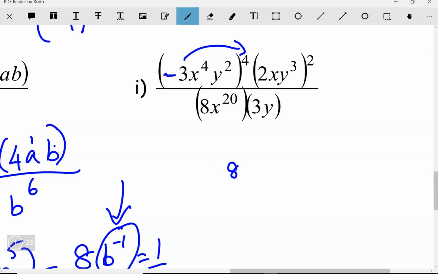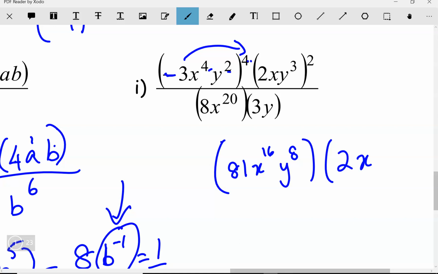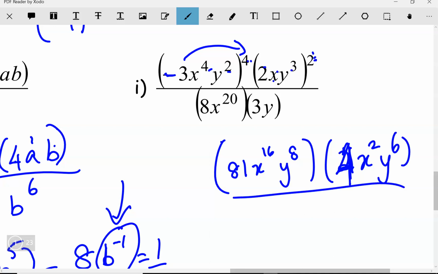So this is actually positive 81. x to the 4 times 4 is 16. 2 times 4 is 8. y to the power of 2, oh whoops, 2 squared is 4, I completely forgot about that squared. x to the power of 2, because 1 times 2, and 3 times 2 is y to the power of 6. 8x to the 2, 3y, so I guess I can remove this 8 and put a 24 there.